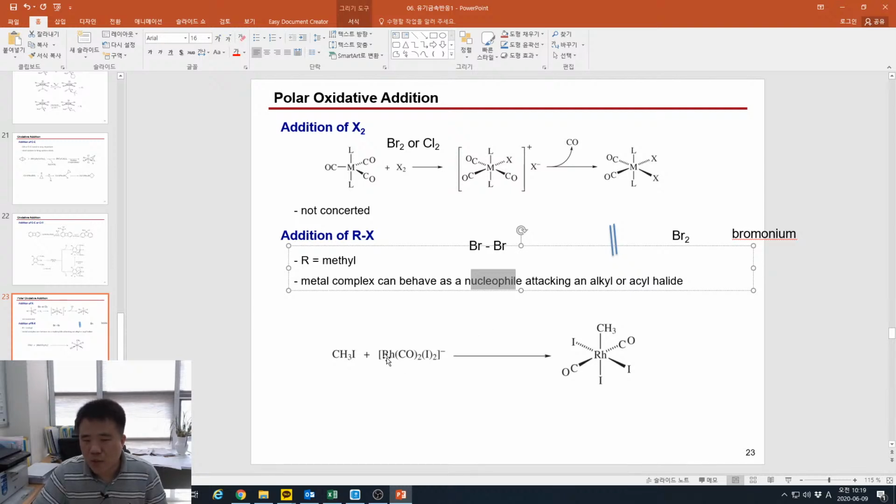So the transition metal will attack the carbon, kick out the iodide, and then the released iodide will be added to the transition metal again to make the complex. As you know, this is a step-by-step reaction, so not a concerted mechanism.